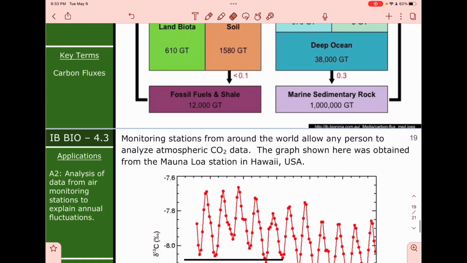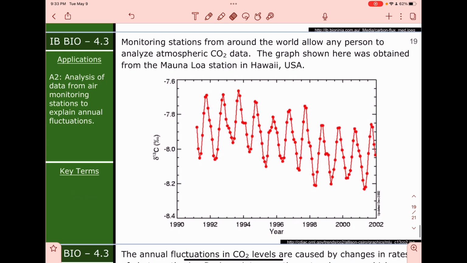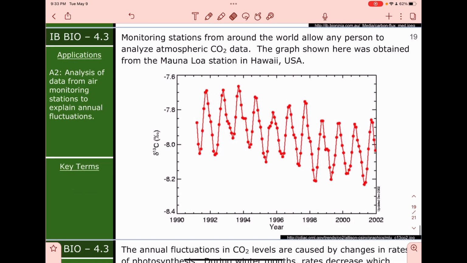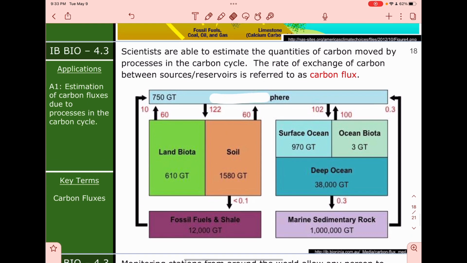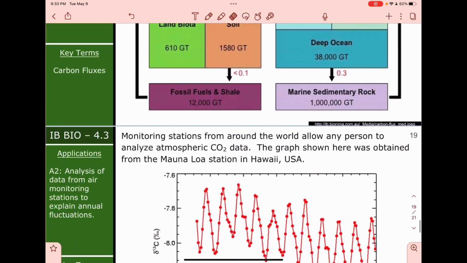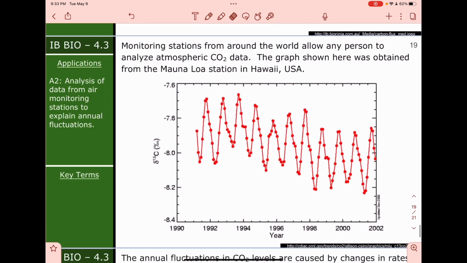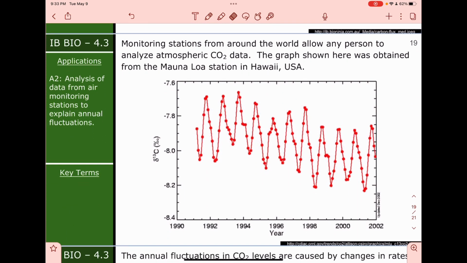Okay, so one of the ways that we can measure the amount of carbon, because remember it's such a huge amount, and when we're talking about our atmosphere, how do we measure this? How do we measure the carbon in our atmosphere? Well, for over the last 50 years, since 1956, there's been a monitoring station on Mauna Loa in Hawaii.